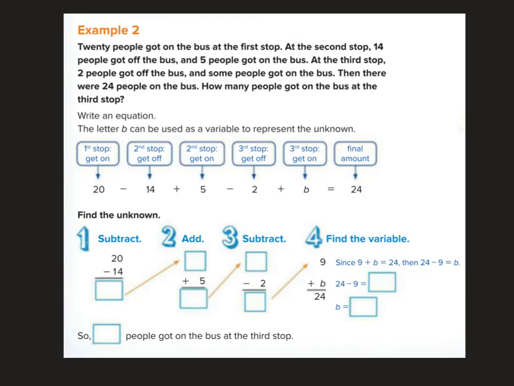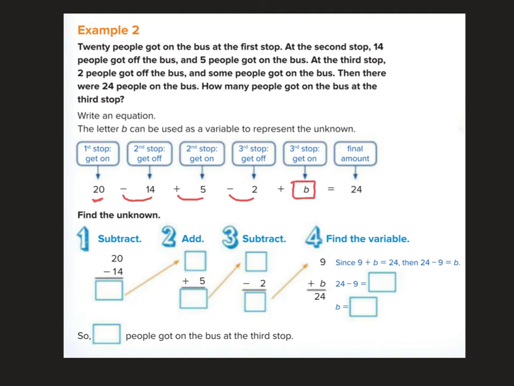Here's our second example. 20 people got on the bus at the first stop. At the second stop, 14 people got off. So when we get off, we would subtract. And 5 people got on, plus 5. Okay. At the third stop, 2 people got off, minus 2. And some people got on.